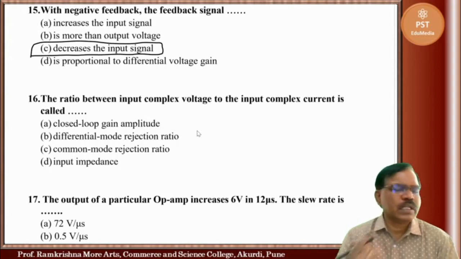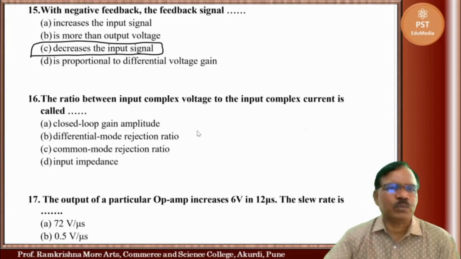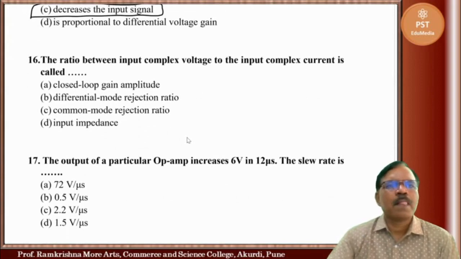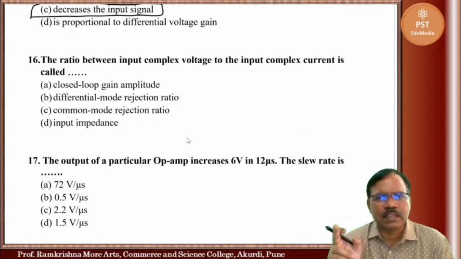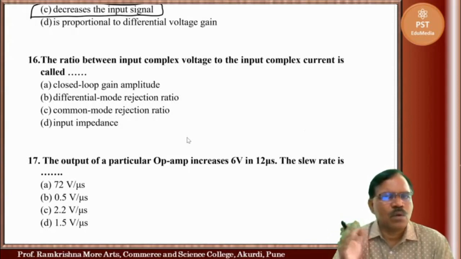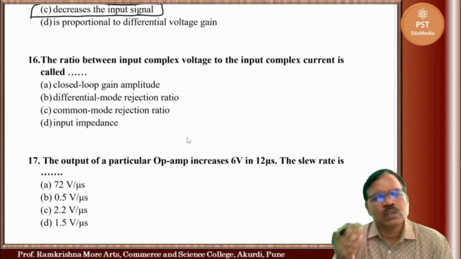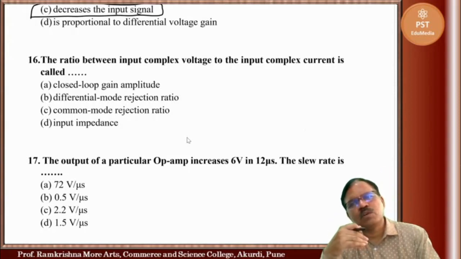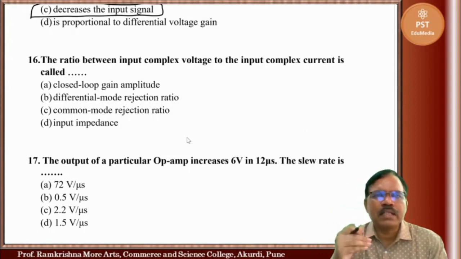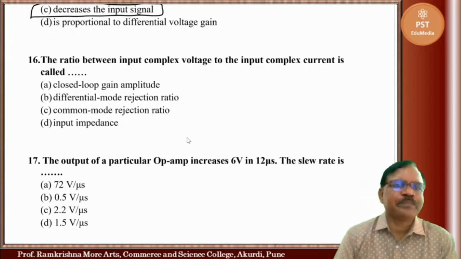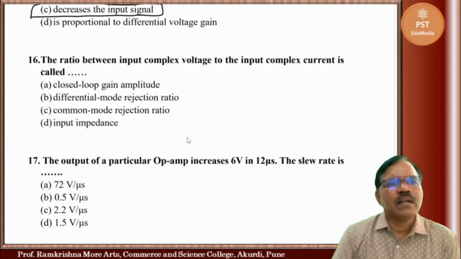It is used to stabilize the output. Now the ratio of input complex voltage to input complex current, voltage upon current we know is resistance, is called the input impedance of the operational amplifier.